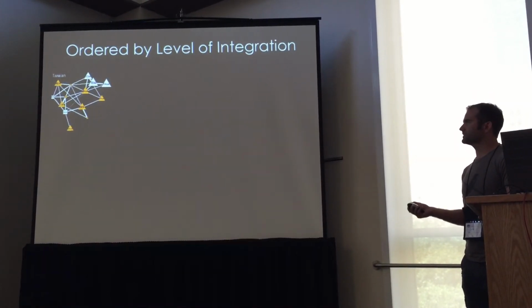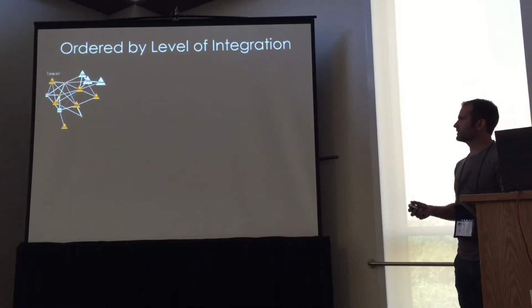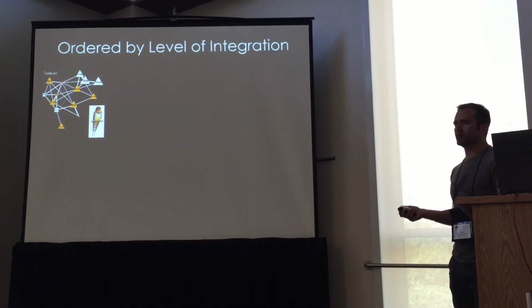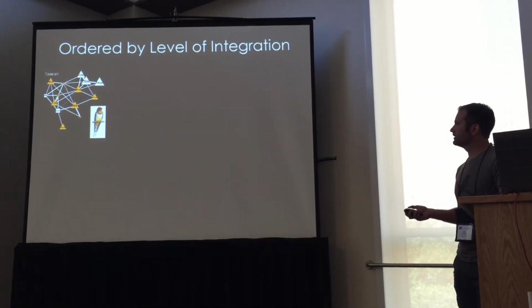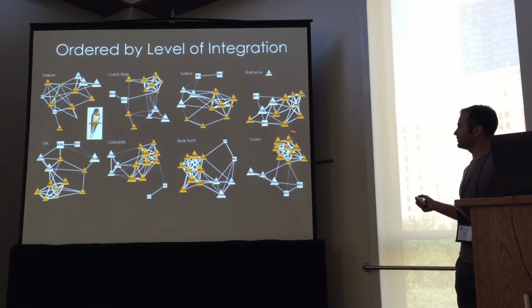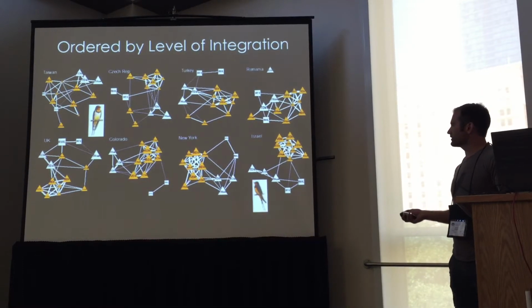Taiwan is our least integrated network, so you can see that it's pretty spread out, the connections are weak and few, and this is our palest population. Then the rest increase in integration all the way to Israel, where you have this one really tight cluster, and this is our darkest bird.